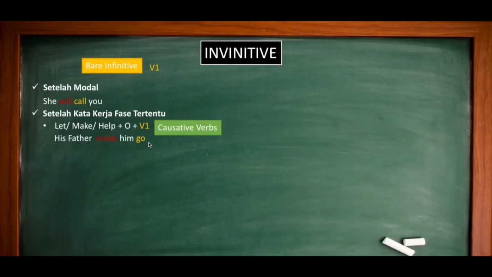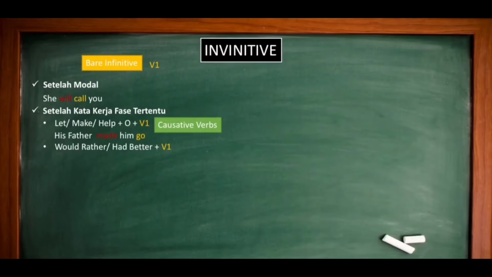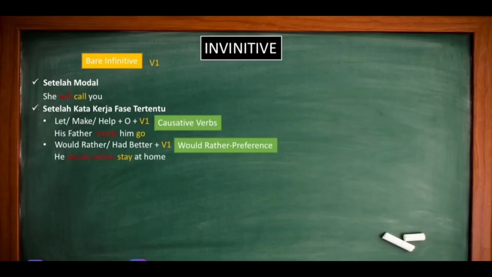Okay, the second is the use after the words would rather or had better plus verb one. So this material is also related to the material would rather, preference. Okay, for example, he would rather stay at home, where would rather plus verb one is stay.